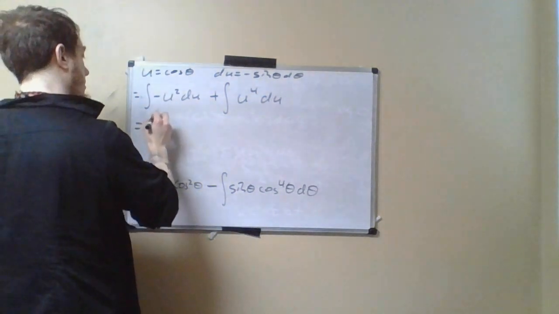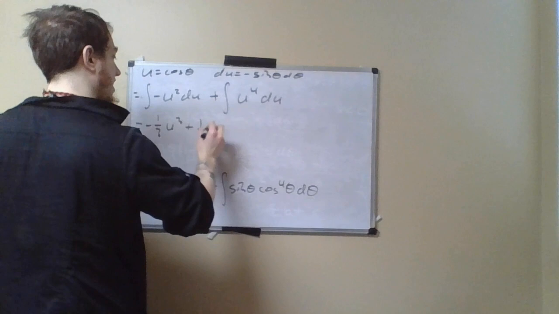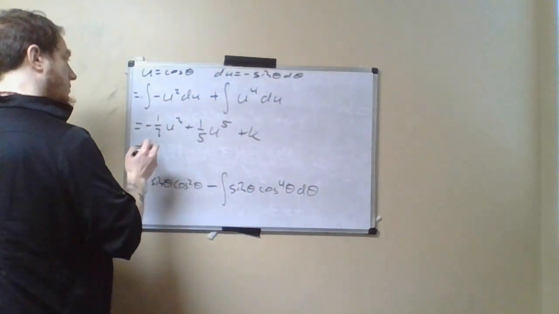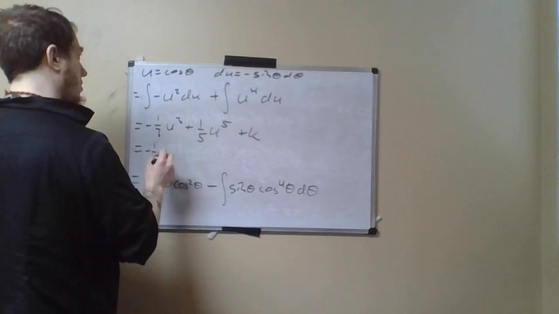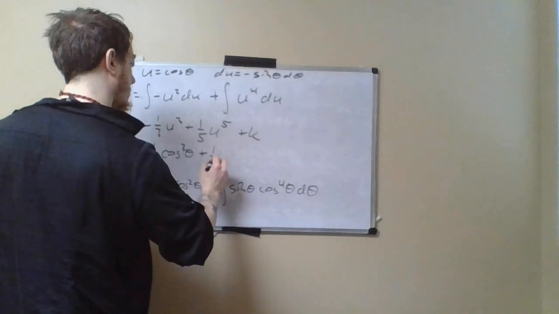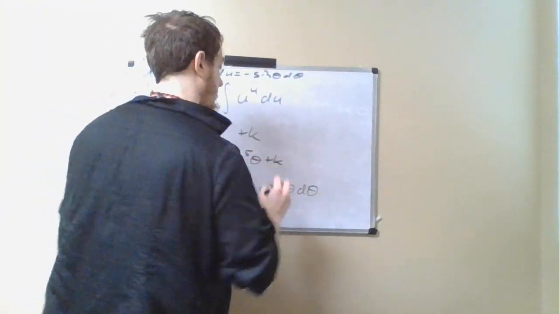This is going to become negative 1/3 u cubed plus 1/5 u to the fifth plus a constant. This becomes negative 1/3 cosine cubed theta plus 1/5 cosine to the fifth theta plus a constant k.